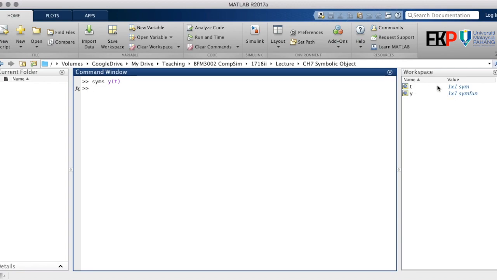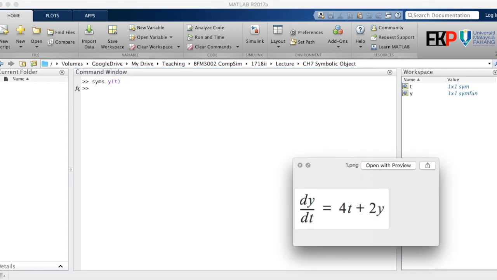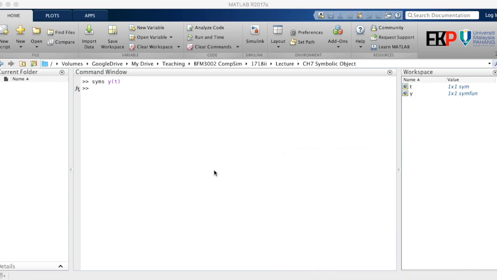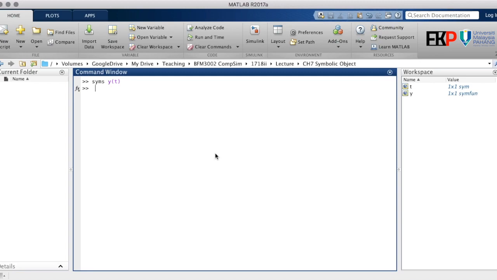The first one is t, which is a symbolic object, and y appears as a symfun, which is a symbolic function. Now, to solve this equation 4t plus 2y, we first define dy is equal to diff of y.